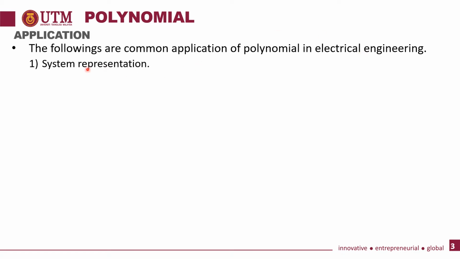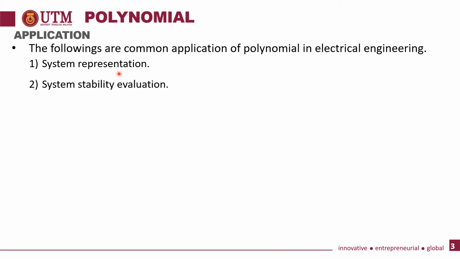Polynomials can be used for system representation. When you have a system, you can convert it into an equation or expression by using a polynomial. Next is system stability evaluation. You can also evaluate the stability of the system just by observing the characteristics of the polynomial expression of the system.